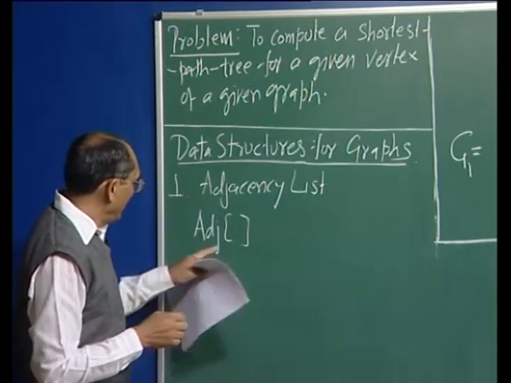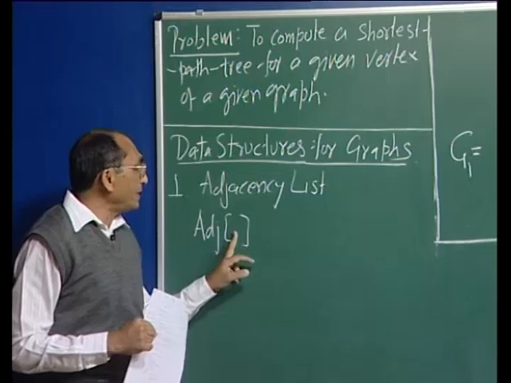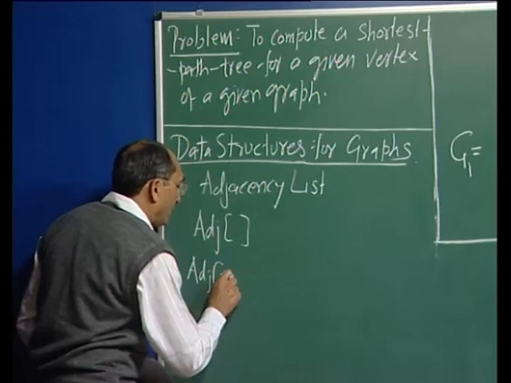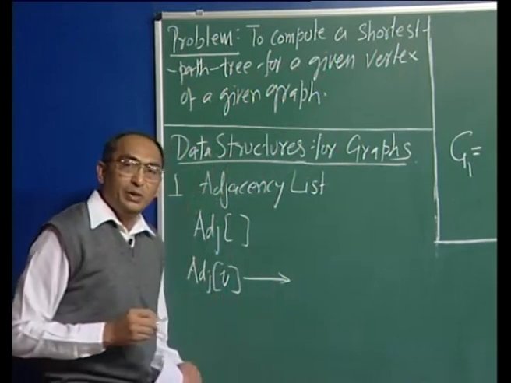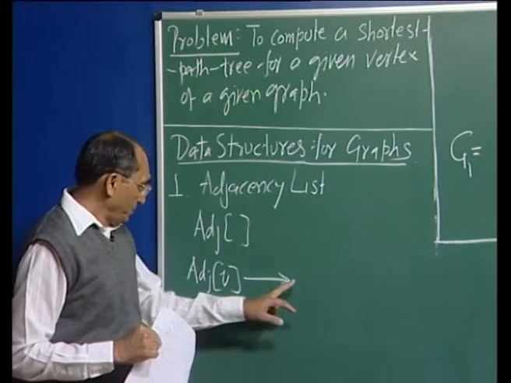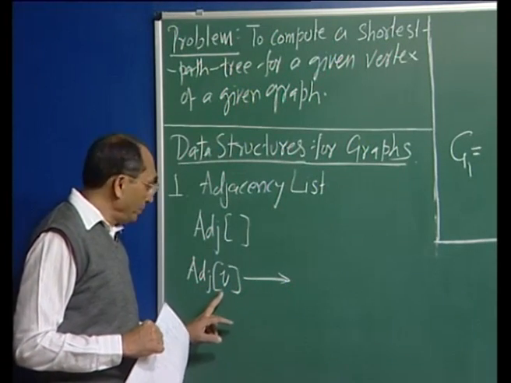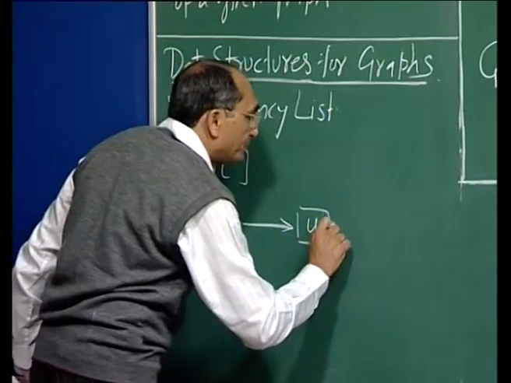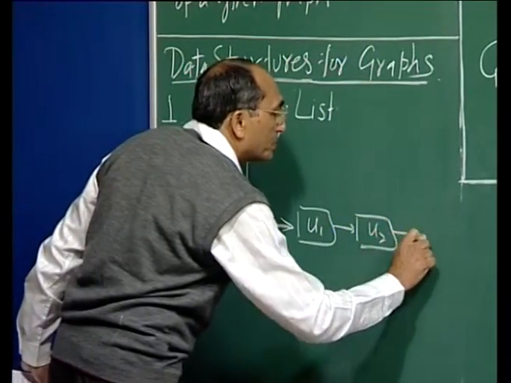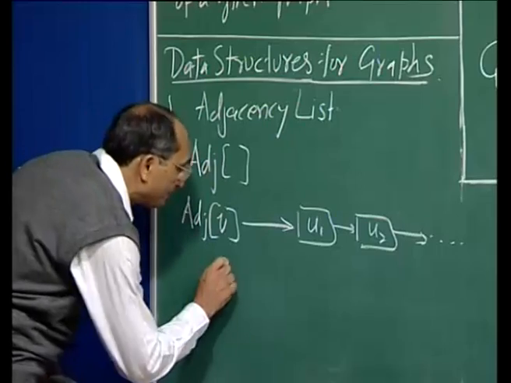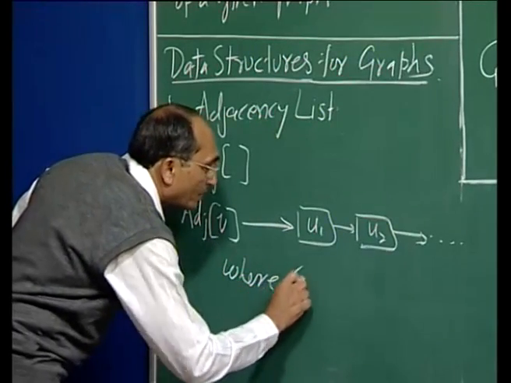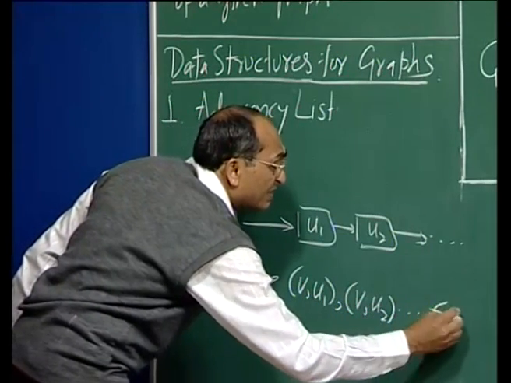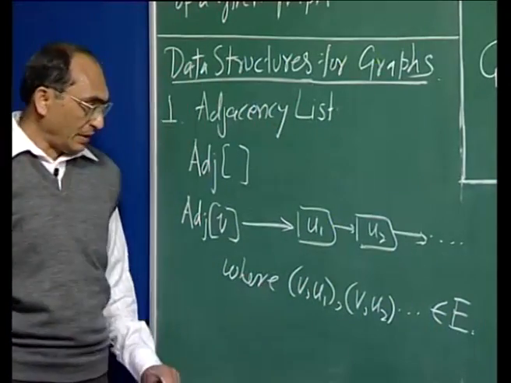where the argument is a vertex of the graph, and ADJ of a vertex V points to a list of all the vertices with which there is an edge with V. So, this could be a list of U1, U2, where VU1, VU2, etc. are all in the edge set of the graph.